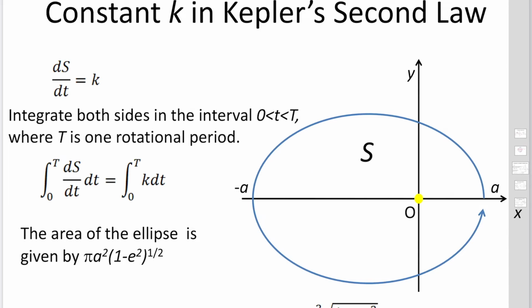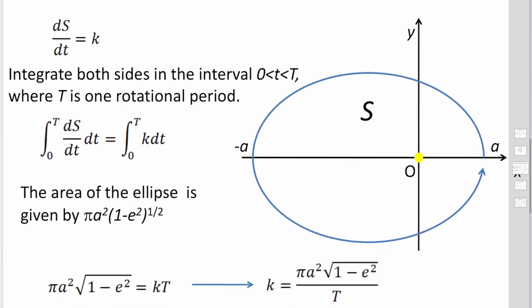The constant k. We'd like to discover the constant k in Kepler's second law. Kepler's second law says dS/dt equals k. We'd like to express k. We integrate both sides of this equation.